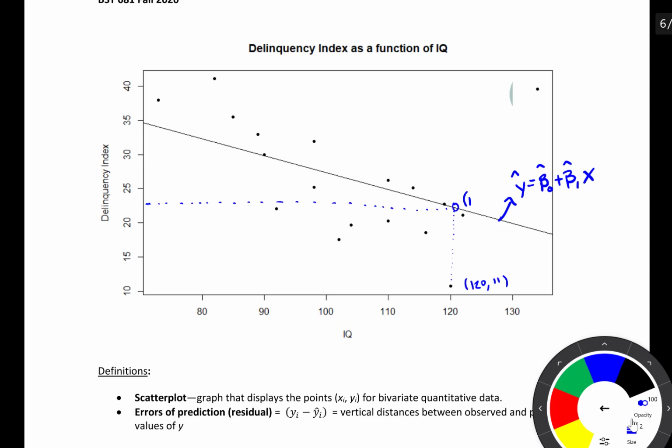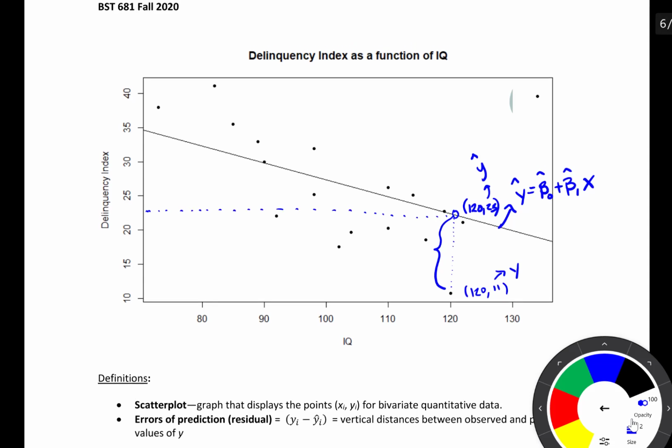So this point where we intersect the line is 120 and 23 approximately. Here, the 11 is a y because we observed it, but the 23 is a y hat because that is the y that was predicted for an IQ of 120. This vertical distance between the two, or this discrepancy between what we observed at 120 and what our line predicts at 120, is what is known as the residual.